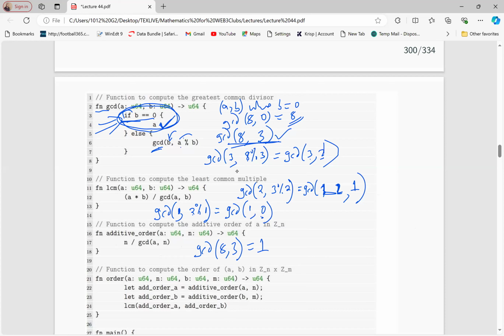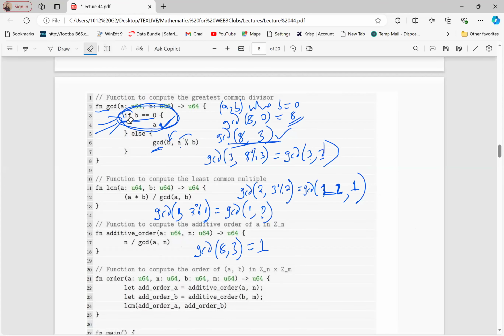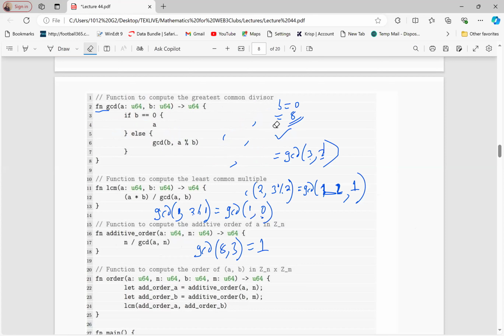Those are the steps the code will use. It's doing that until B becomes 0. So when B becomes 0, then A becomes the GCD. And I've already explained what is happening at the point of the LCM.